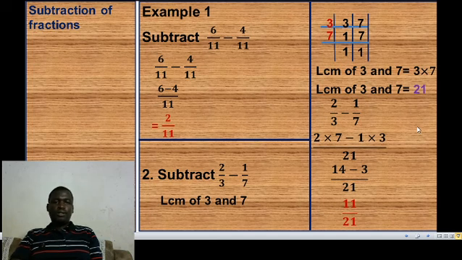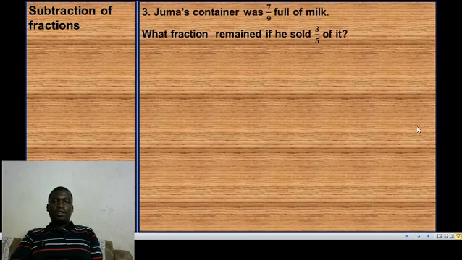Let's move on. Number 3. Juma's container was 7 out of 9 full of milk. What fraction remained if he sold 3 out of 5 of it? Juma sold 3 out of 5.